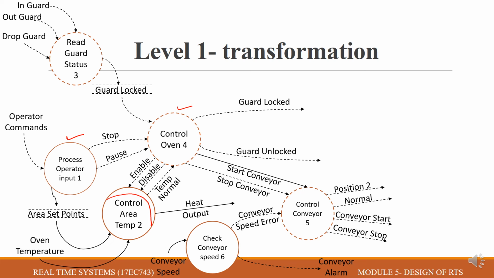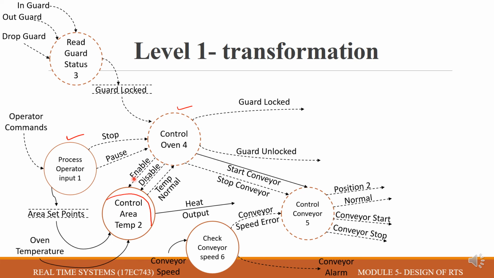It has a double line around part of the bubble, indicating there are multiple instances of this transformation. When we break up this multiple instance control area temperature, we will have smaller units. That is level 2 transformation.